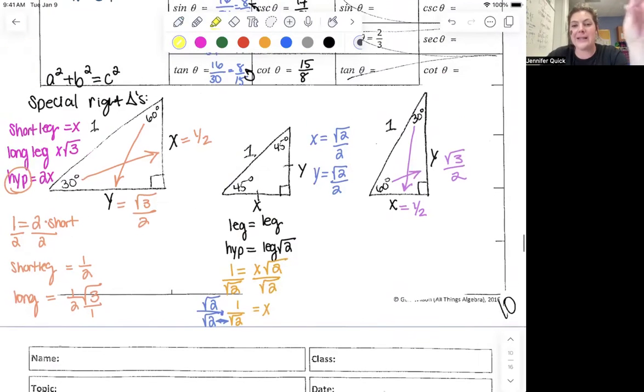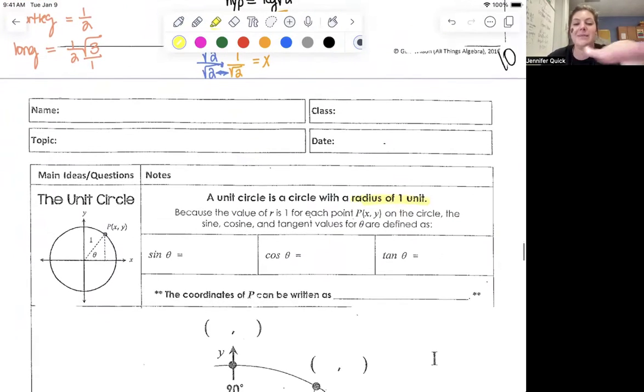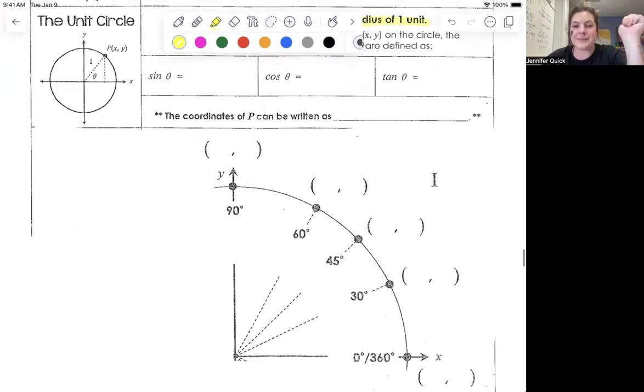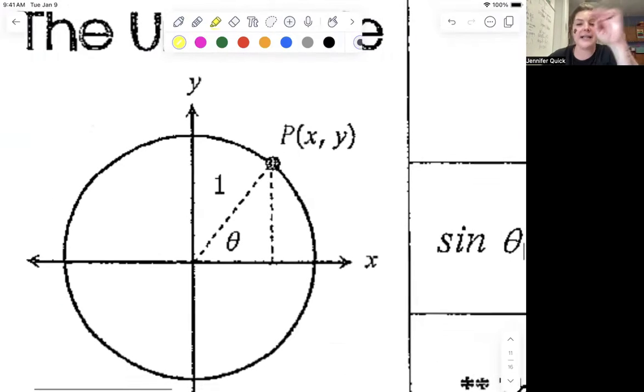That is why we dissected all of the special right triangles that have a hypotenuse of 1, because we are going to take all three of these triangles and place them inside the circle, like you see right here. So let's dissect this circle.